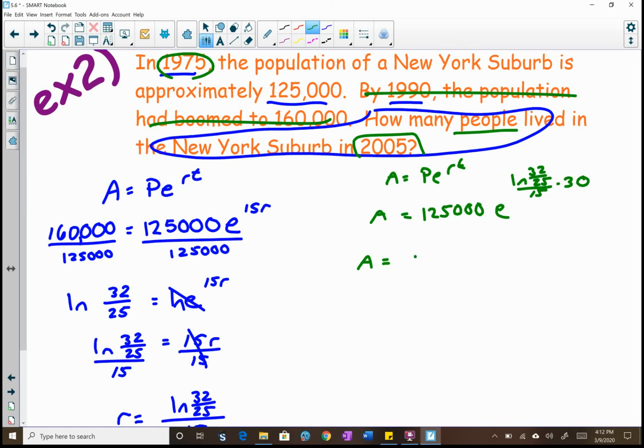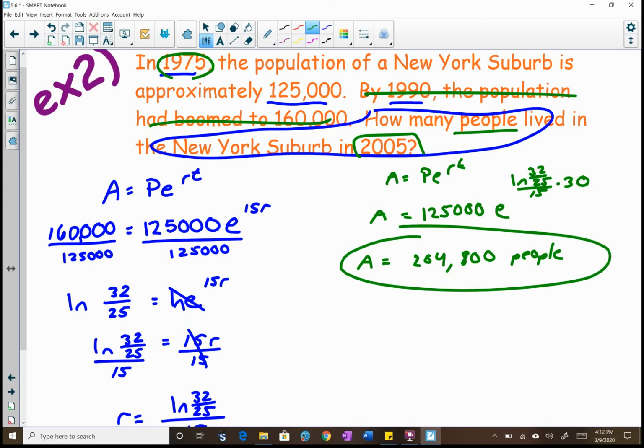Oh, I got a nice neat whole number, 204,800 people. But again, we would round down if it had a decimal. There we go.